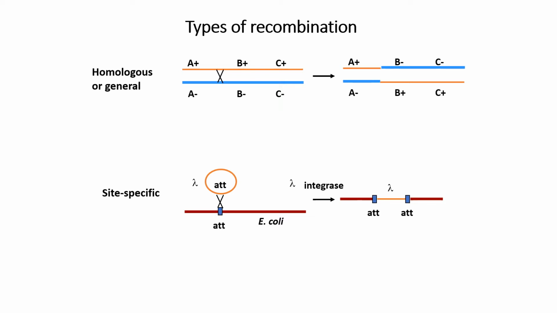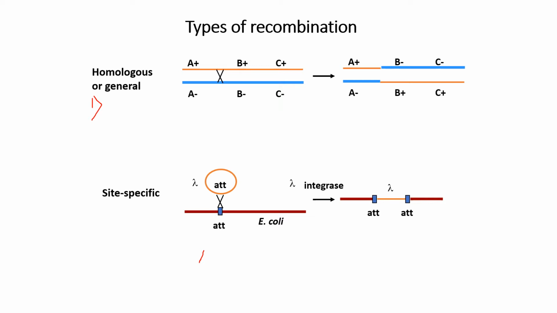Now I would like to give you some examples from the prokaryotic cell, where this recombination takes place. Number one is during the transformation process, where the DNA enters into the recipient cell. Here, if the homologous DNA enters the recipient cell, then homologous recombination takes place.